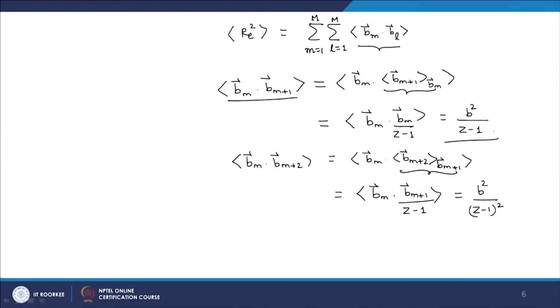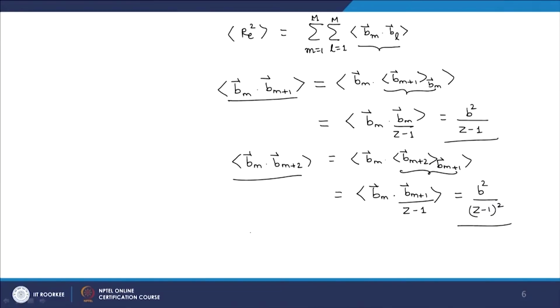So, between adjacent segments it is B square by Z minus 1, segments which are at a distance 2 apart, it is B square by Z minus 1 whole square. So, in general we can write something like Bm dot Bm plus q will be B square by Z minus 1 to the power q.